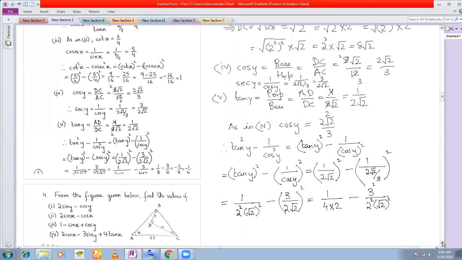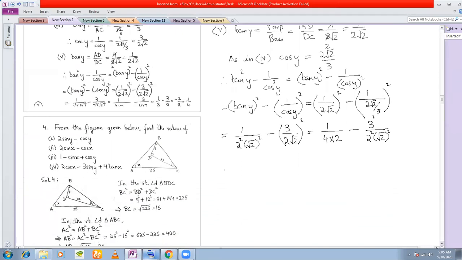So this is 1 by 8 minus 9 by 4 into 2, which is 1 by 8 minus 9 by 8. Take the LCM now, it becomes 1 minus 9 by 8, which is minus 8 by 8, which is minus 1.